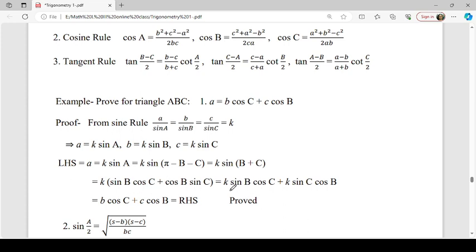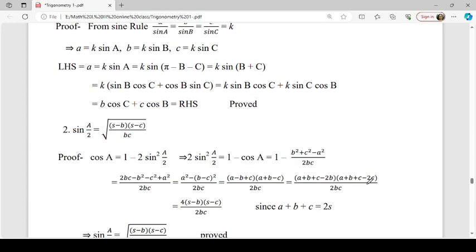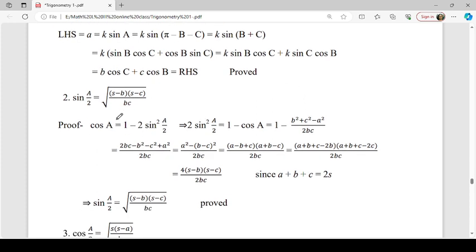So sine of B plus C, K sine B we can write as small b because of this. Then sine of A by 2, it is 1 minus 2 sine square A by 2. Then this is 1 minus cos A, so b square plus c square minus a square by 2.